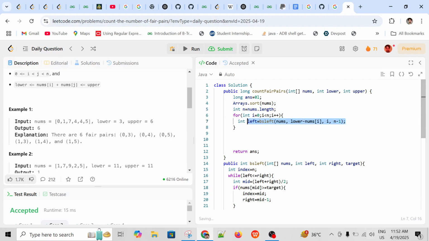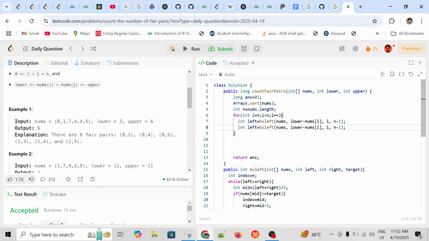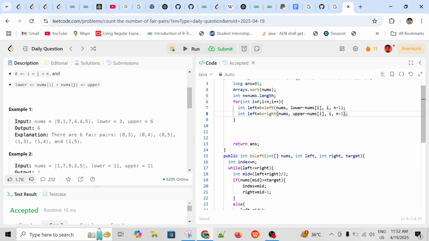Similarly for the right as well. When we search right, it will be from upper I to n minus 1, and this will be the right index.